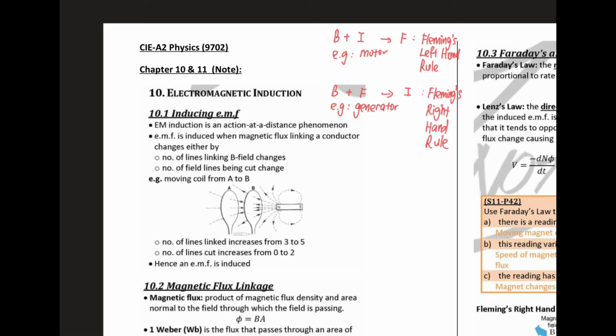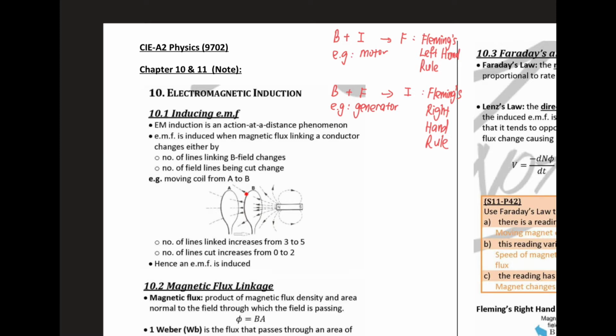Okay, so how are we going to understand this? First, you have to know that the permanent magnet creates a magnetic field. So the magnetic field will cut the conductor.